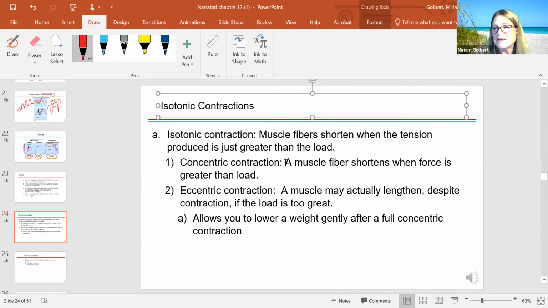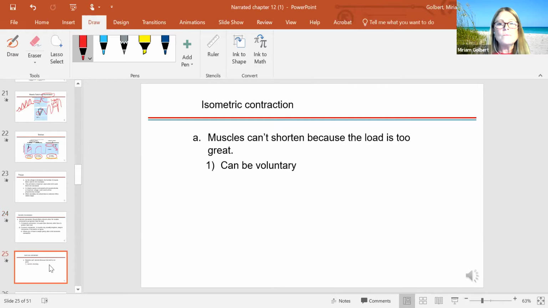That's an eccentric. They're trying to shorten the fibers. They're trying to lift the load. The force needs to be larger than the load, but they can't. And at one point, the weight is so heavy that the muscle, instead of shortening, lengthens. And then we have isometric contraction.